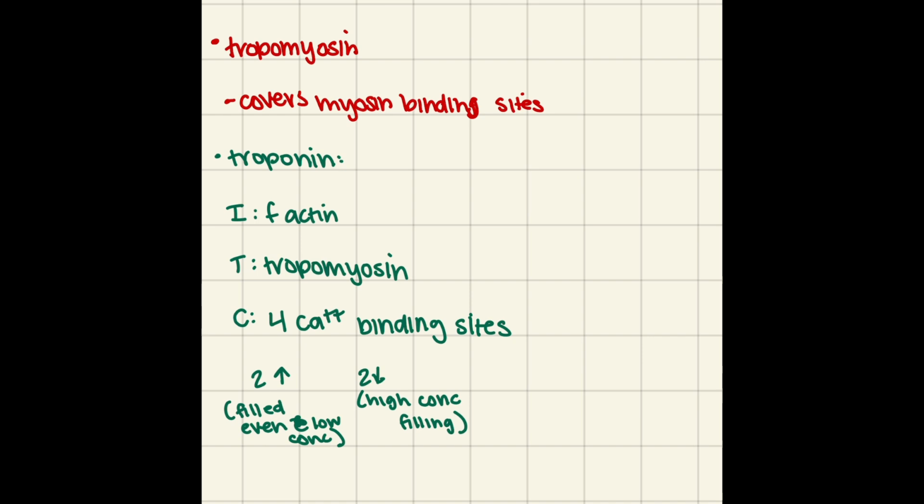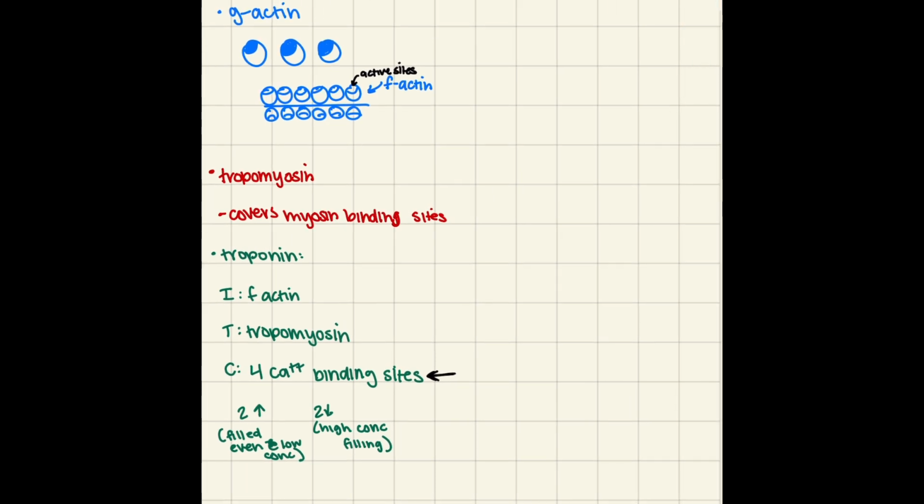So the calcium will bind even if there's not very much calcium. This part of troponin is what keeps the troponin complex together. So when people have heart attacks, they test for troponin C to see how bad the damage is, pretty much.